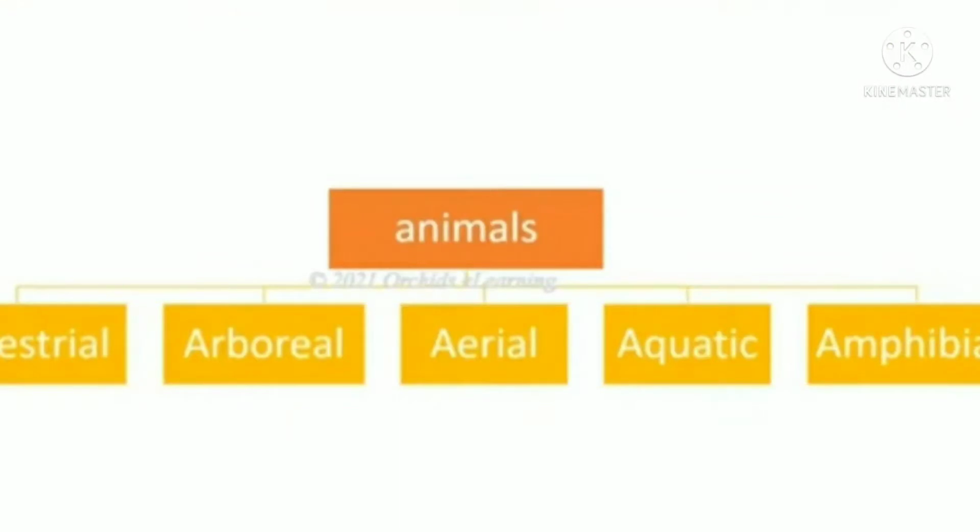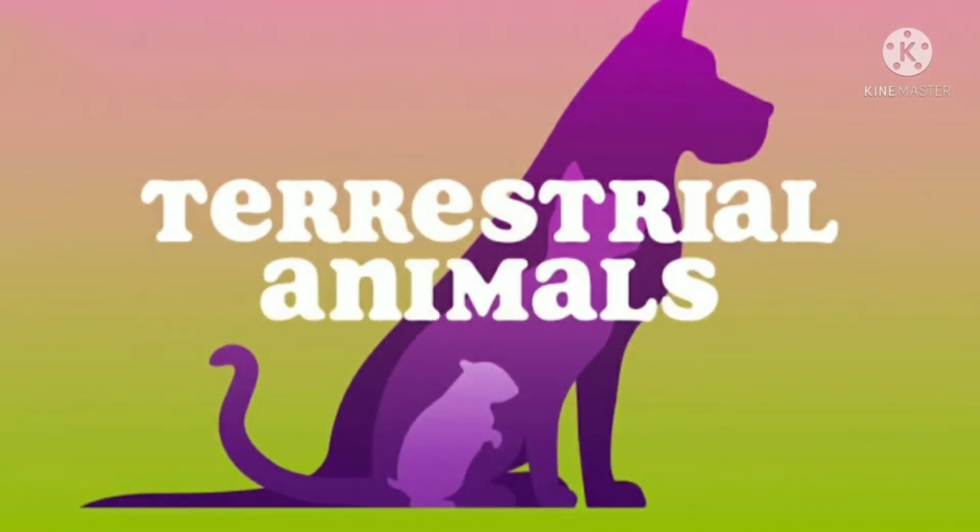Based on where animals spend most of their time, they can be grouped into terrestrial animals, aquatic animals, amphibians, arboreal animals and aerial animals. First we can learn terrestrial animals.